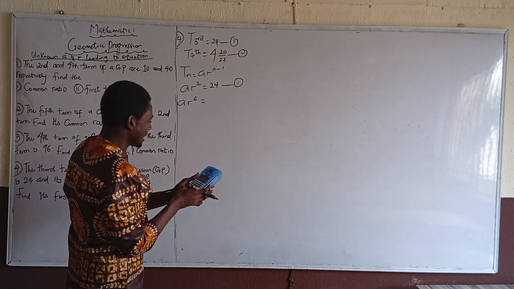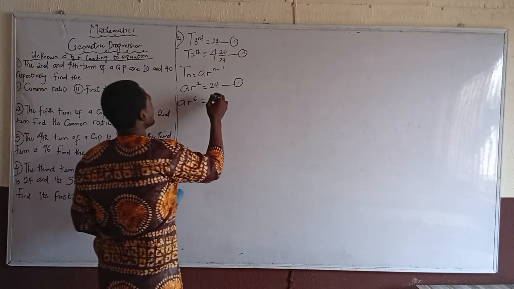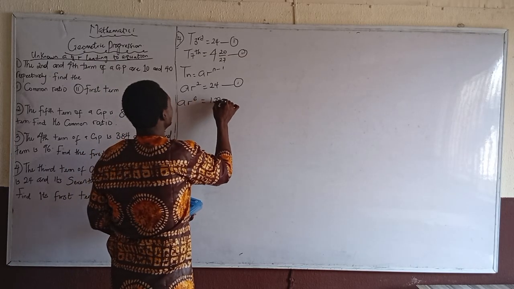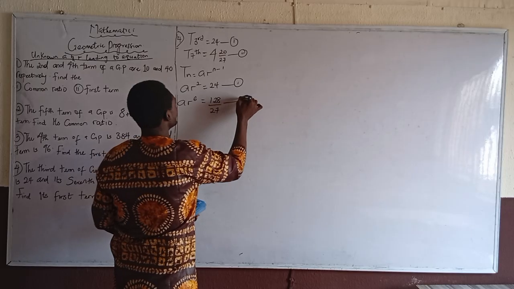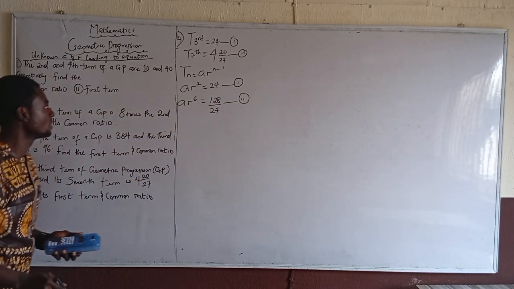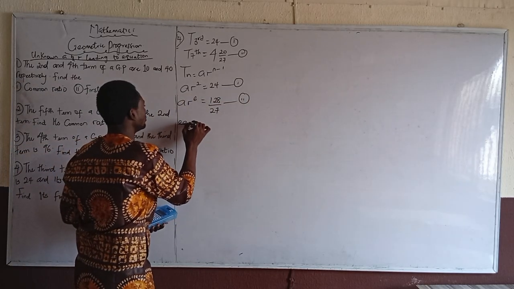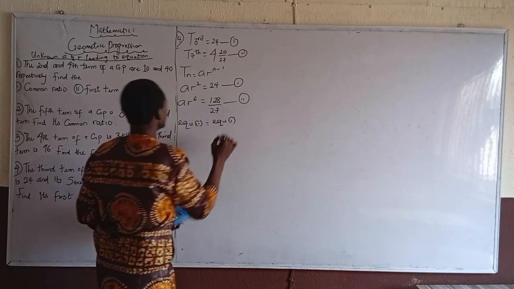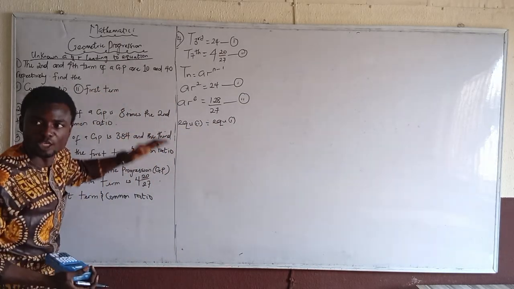So here is 27 times 4, that is 108, plus 20, that is 128 divided by 27, equation 2. So I will say equation 2 divided by equation 1.